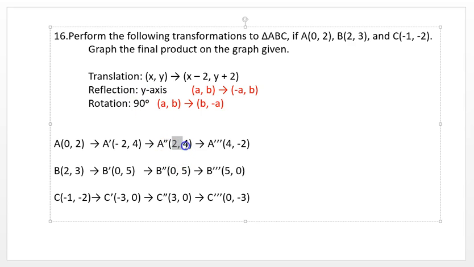So for this point right here, switch 4 and 2, place a negative on the 2, and you've got it: (4, -2). All right, same goes with this one. Switch 5 and 0, put a negative on the second part, but like I said, -0 is still 0. And then here, switch these two around, so you get (0, 3), then put a negative on the 3, and you're done.